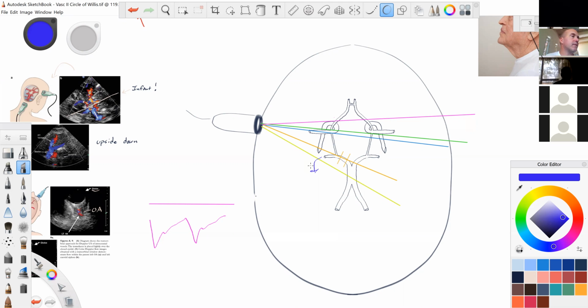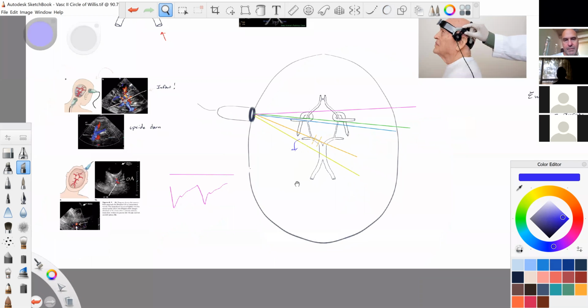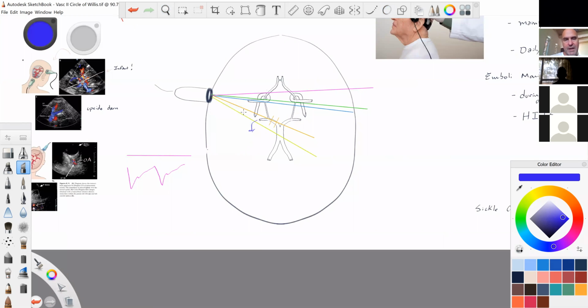Vertebral artery, well, yeah. We'll go ahead and look at the vertebrals just really quick, because they're easy enough. And then we'll stop there on our directions. Well, that's kind of pretty, I like that. All right, let me just draw a quick transducer.